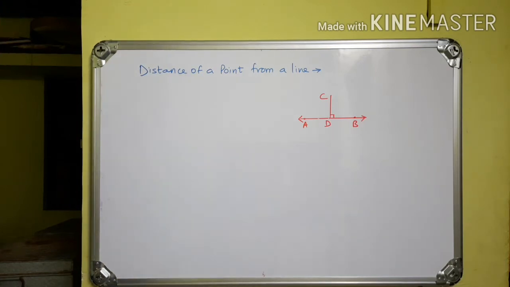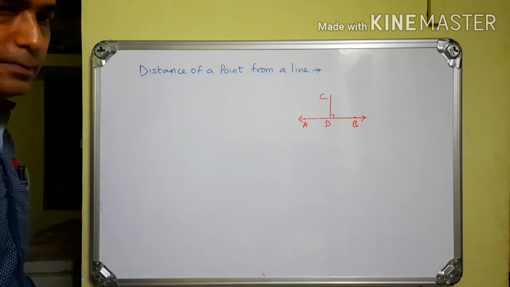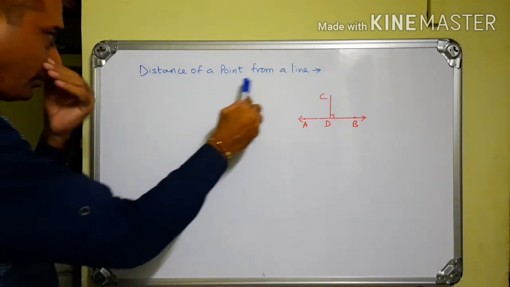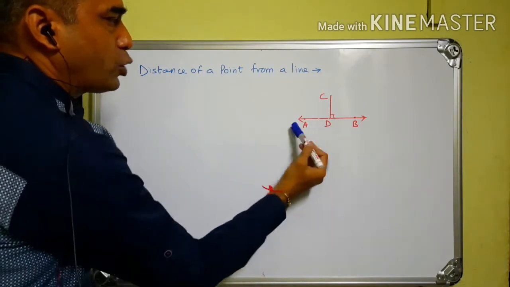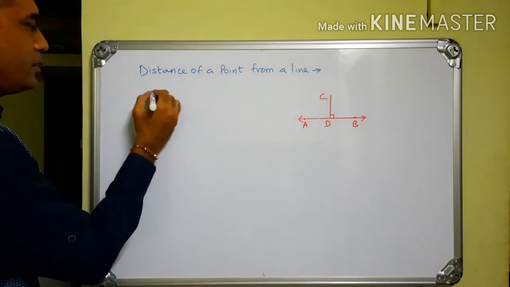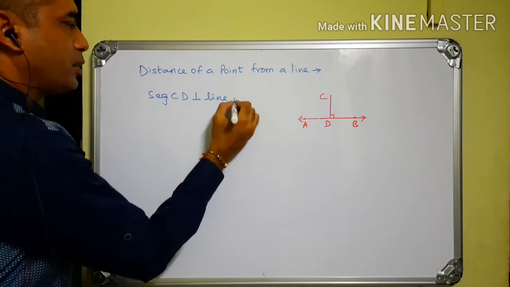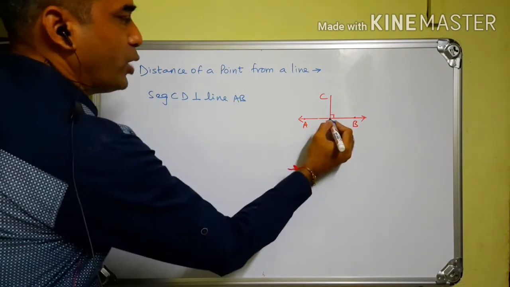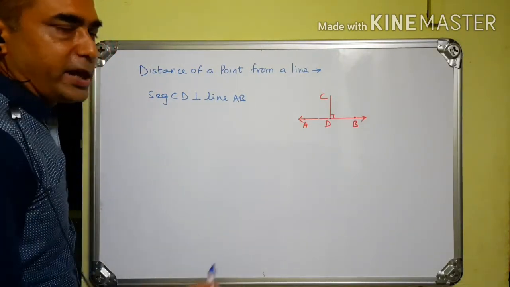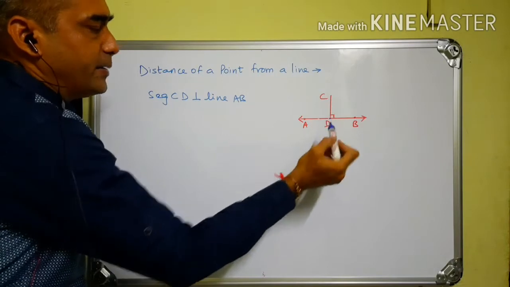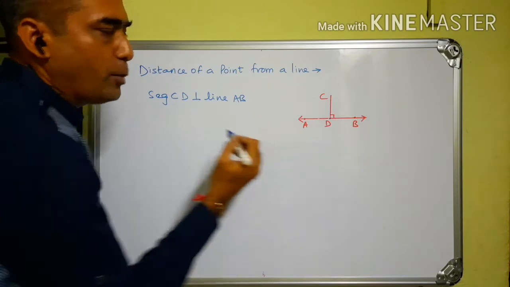Now the next point is distance of a point from a line. If segment CD is perpendicular to line AB and point D lies on line AB, then the length of segment CD is called the distance of point C from line AB.